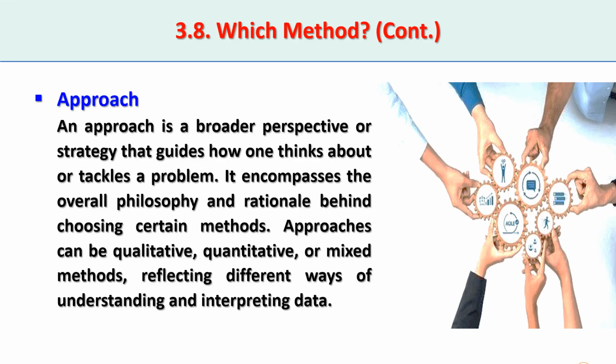An approach is the overall strategy or way of thinking about a problem. It helps decide which method to use. And examples are qualitative, quantitative, or mixed method approaches. Now my presentation is finished. Let's move to the next presenter.